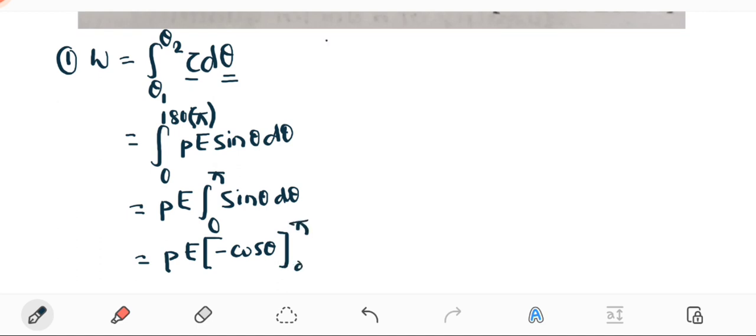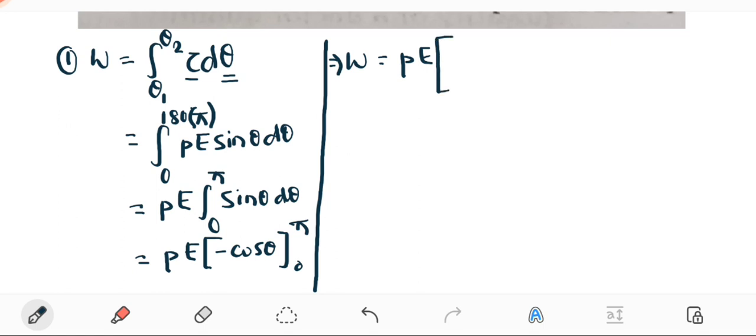Which can further be written as work done is equal to pE, upper limit minus lower limit. Upper limit is minus cos pi, minus, minus plus cos 0 degree.